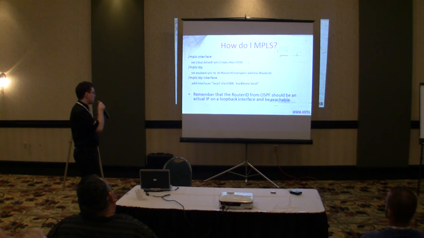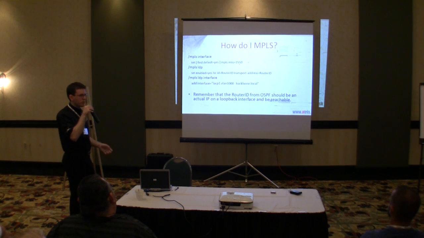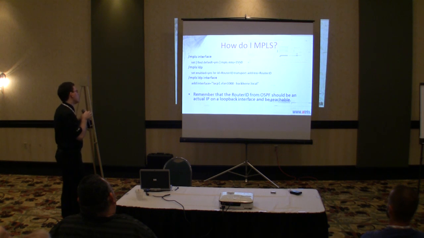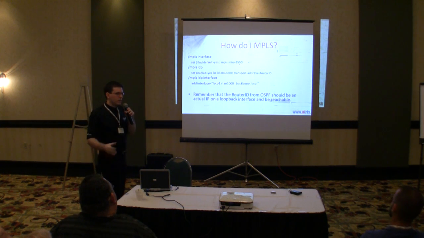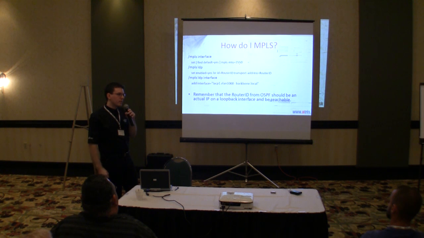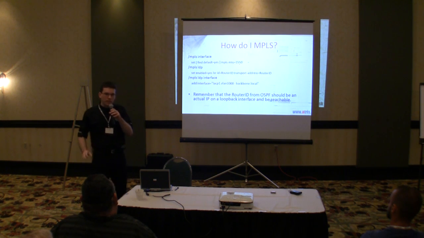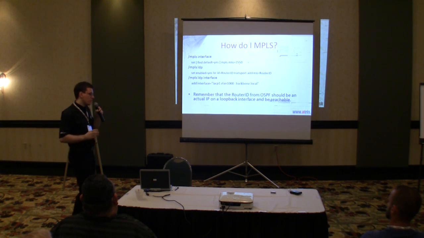You enable LDP to get the router to exchange labels with its peers. And here is a very important thing. For MPLS to work correctly, like I was saying before, we are assuming that your network is properly configured for OSPF. I don't mean OSPF turned on. I mean OSPF done properly.